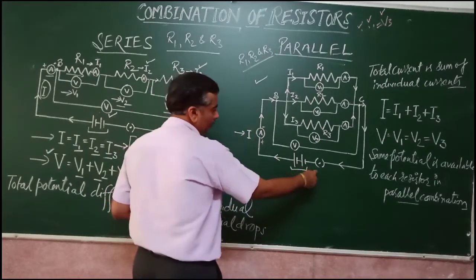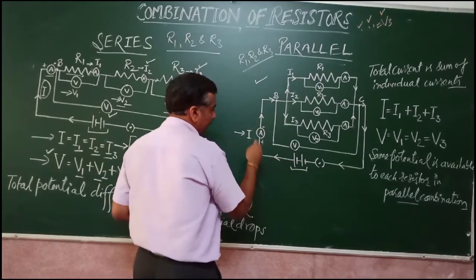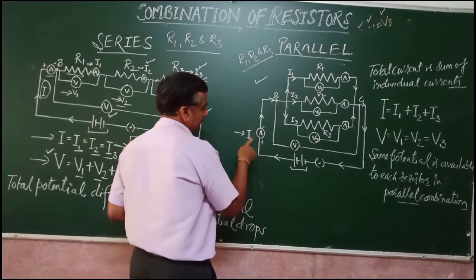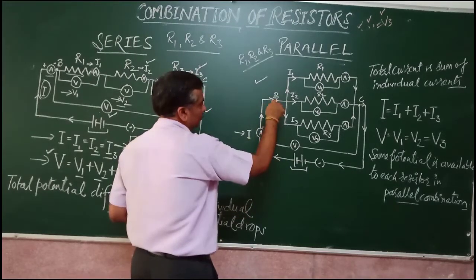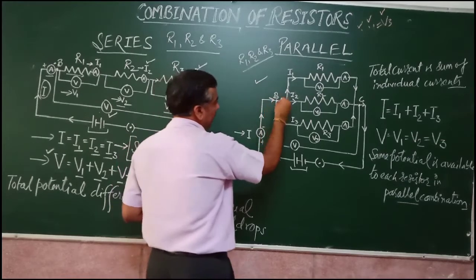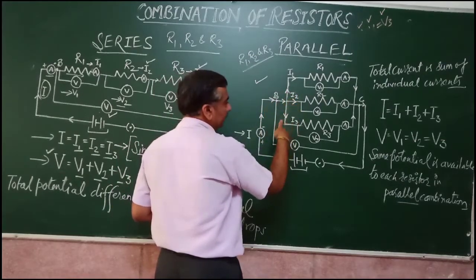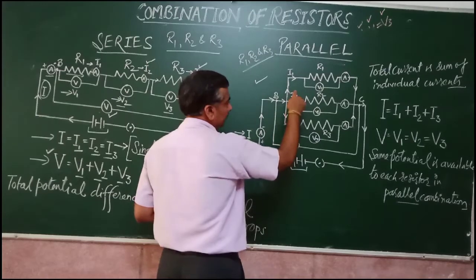So when we switch on, the current starts flowing, the ammeter measures the current which is I, this current goes to the point B, and after that it divides into three branches.